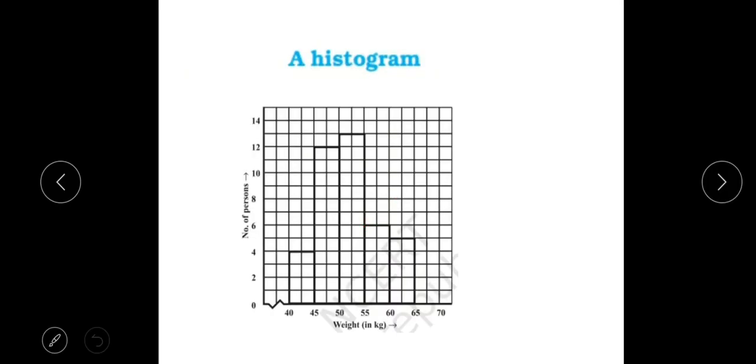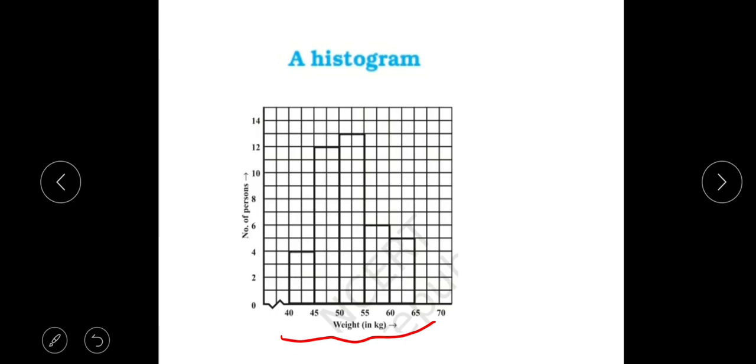The next graph we studied is the histogram. A histogram is also a bar graph, but here no gaps are maintained between the bars. We usually draw a histogram for grouped data. For example, look at this x-axis, that horizontal line.